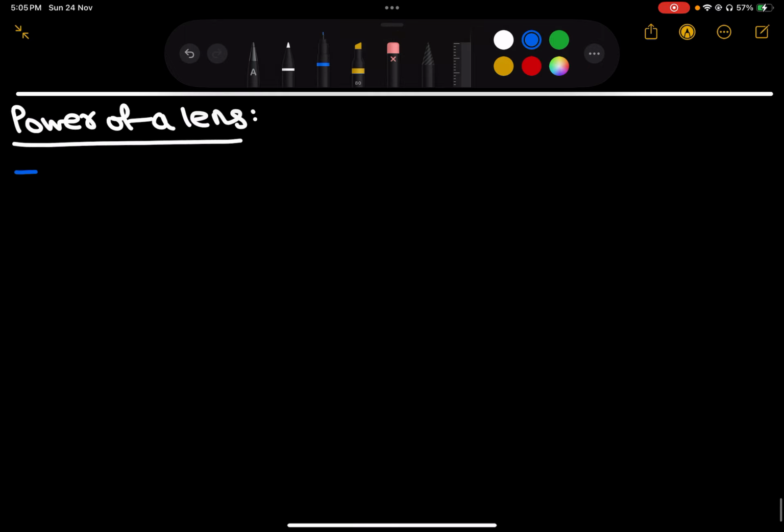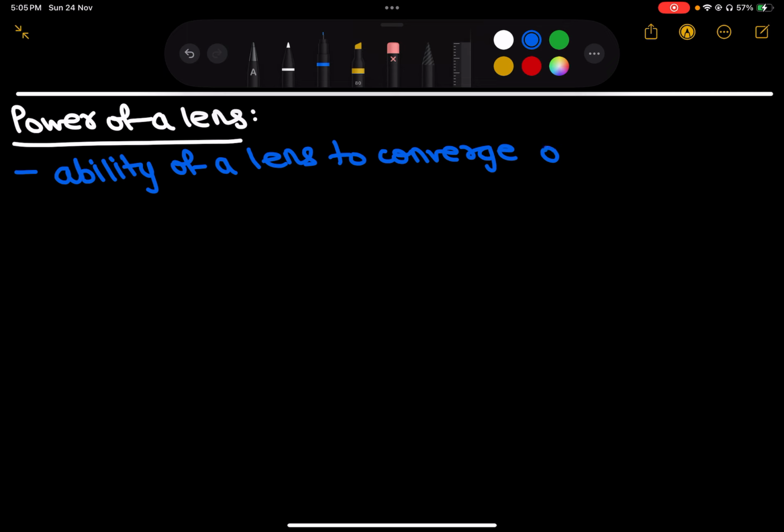Power of a lens. Ability of a lens to converge or diverge light rays, right?